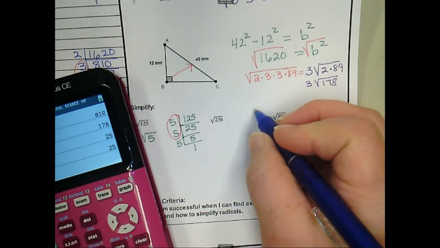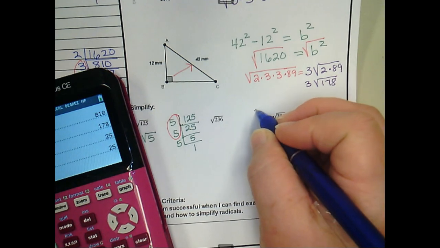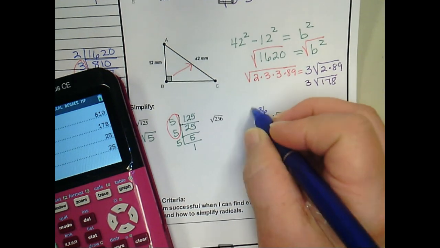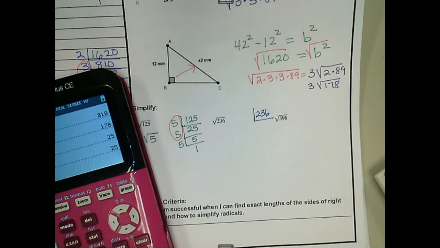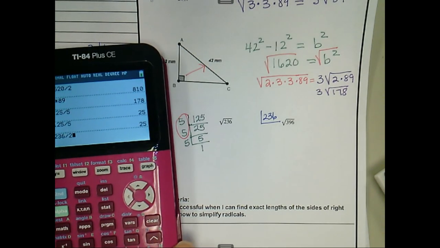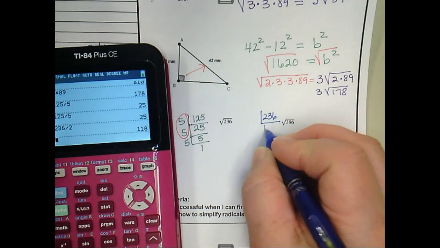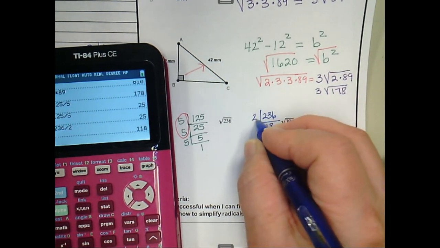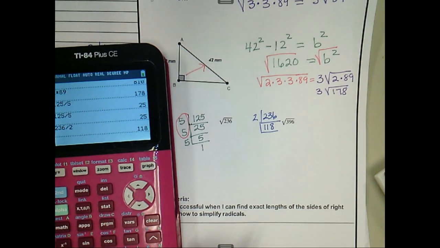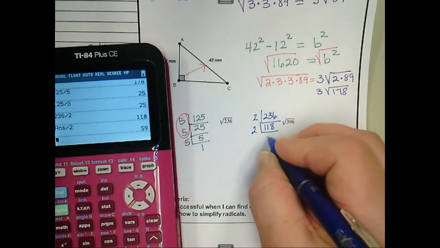Let's see if you got the correct answer. I hope you tried on your own. Okay, 236 is even, so I divide it first by 2. And I get 118. 118 is even, so I can divide by 2 and get 59.